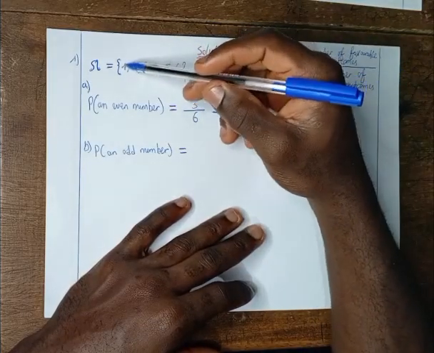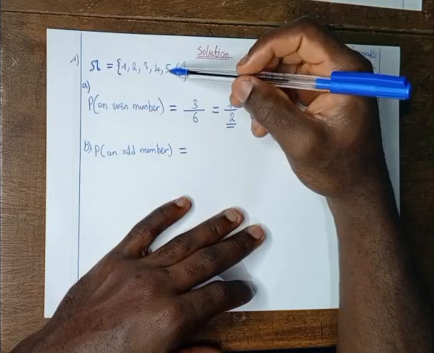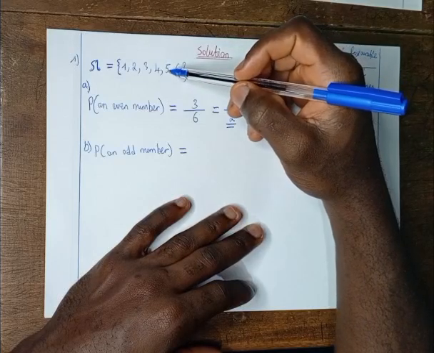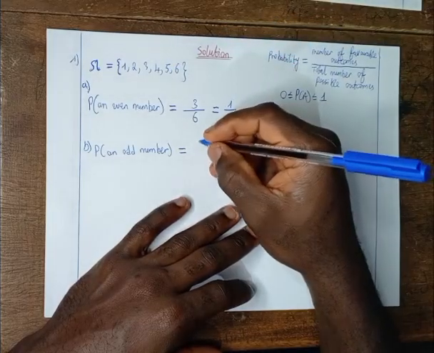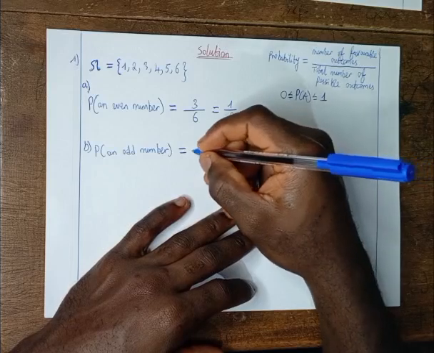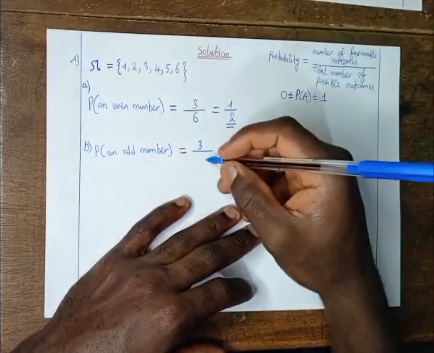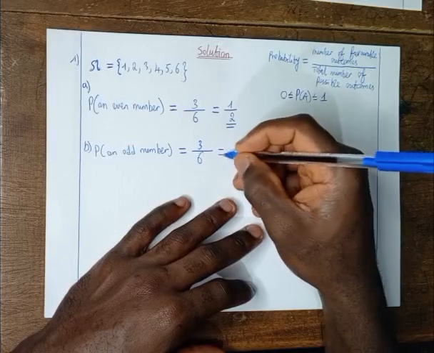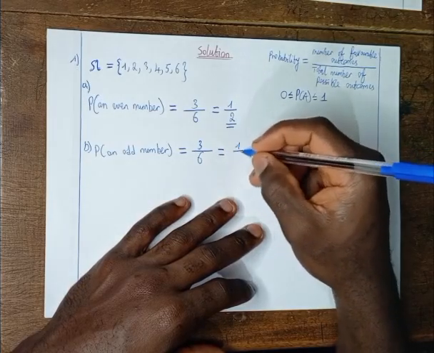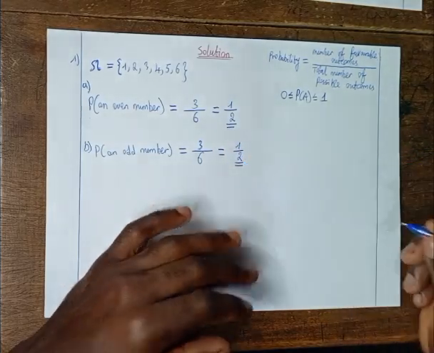We have 1, 2, 3. There are 3 of them. We write 3, and we divide by the total number of possible outcomes. There are 6 of them. So this can be simplified. This will give us 1/2, which is a half.